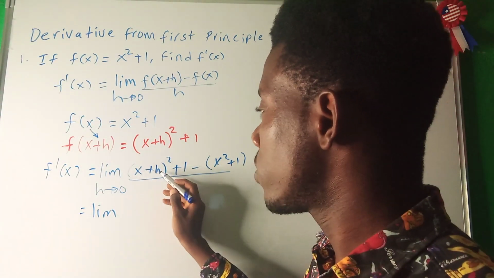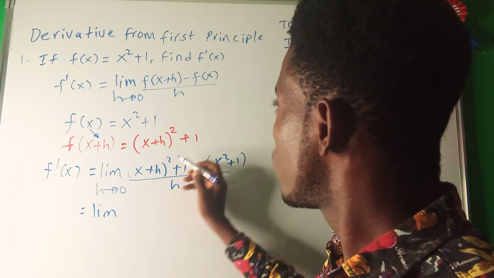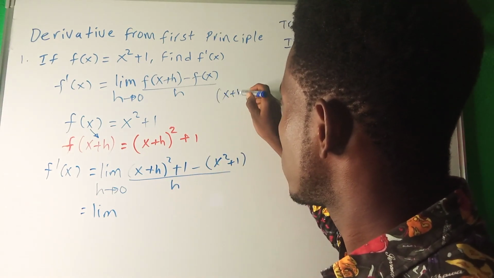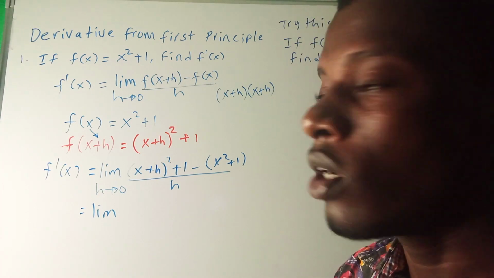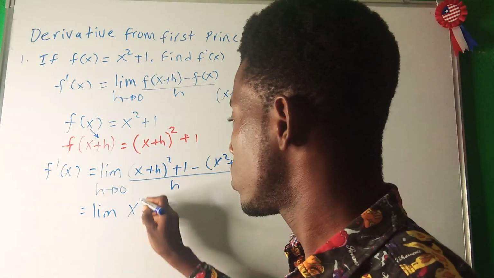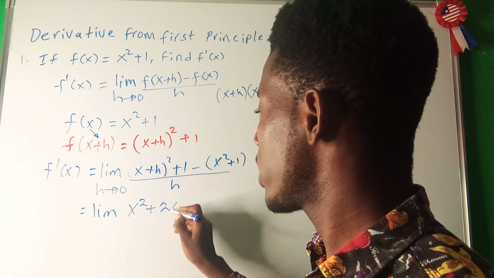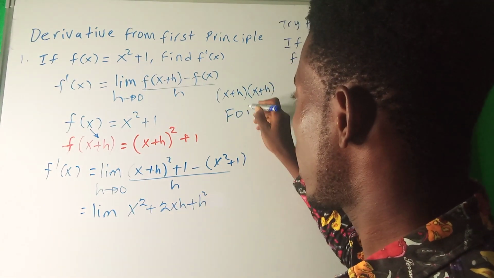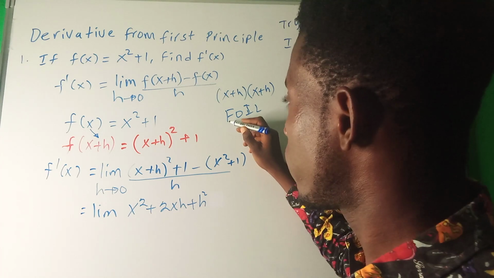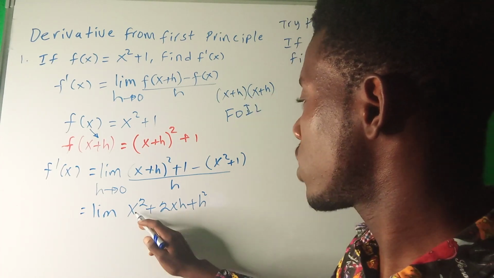If we simplify x plus h all squared, we have x plus h times x plus h. Using the FOIL method, we have x squared plus 2xh plus h squared. FOIL stands for first, outer, inner, last. The first term, x times x, gives us x squared.